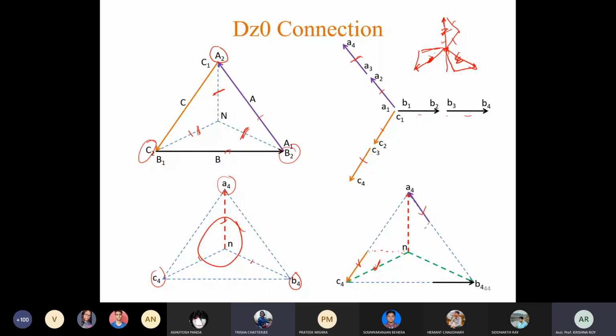Similarly, at this position, we need one phasor to make NA4 as the resultant of this phasor and this phasor. Same way, we need one phasor here. Now tell me which one out of these three will be this one, which one will be this one, and which one will be this one?